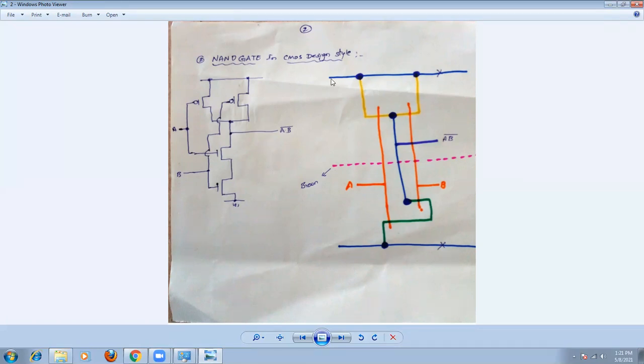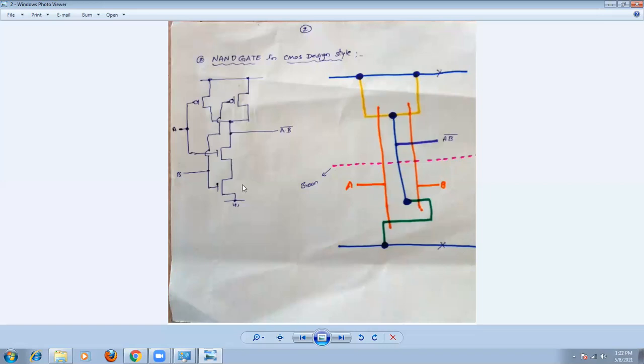Here just observe, this is the VDD line, you can draw a horizontal line. Here also we are going to draw a horizontal line. Then just follow here, because these 2 transistors are connected in series. Series connection means the first letter is S, so you can identify it like this.